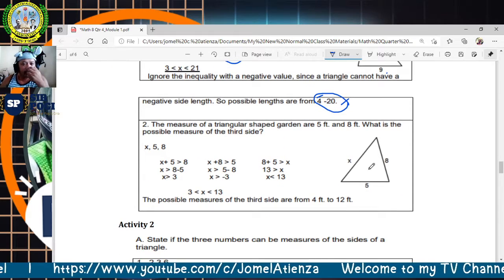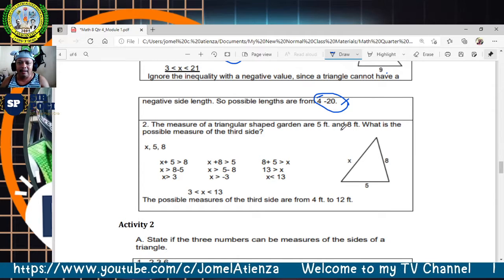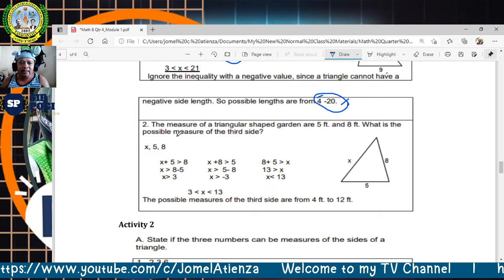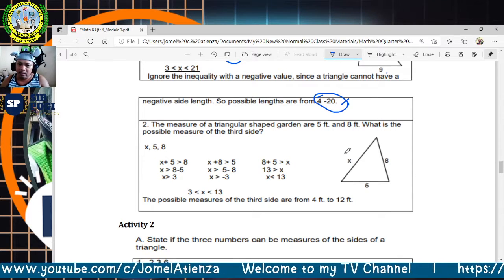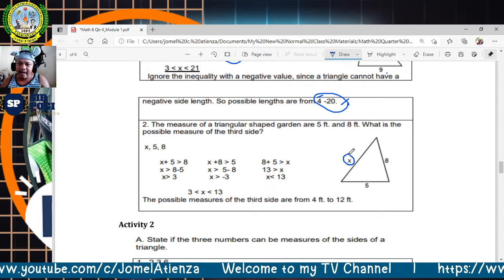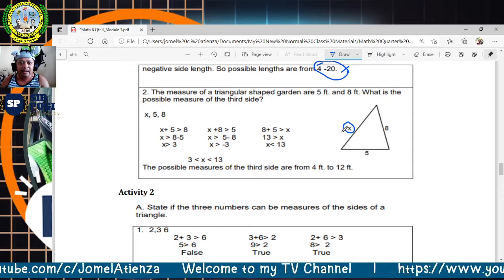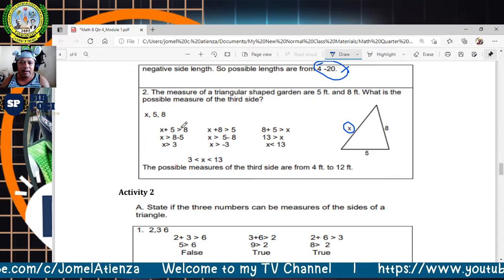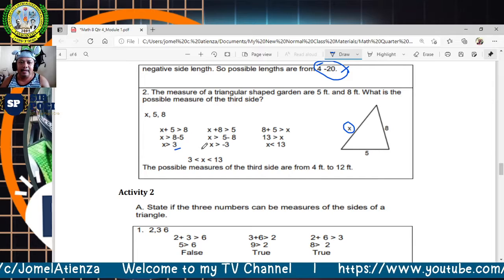Another one, the measures of two sides of a triangle-shaped garden are 5 feet and 8 feet. What is the possible measure of the third side? So, gawin po natin siyang x. Let us have x here. So therefore, x plus 5 is greater than 8, and therefore x is greater than 3.